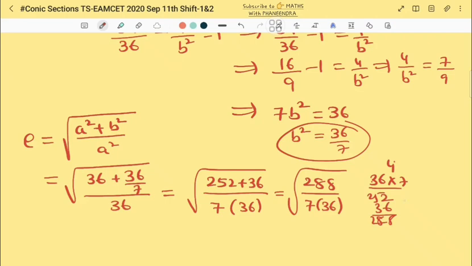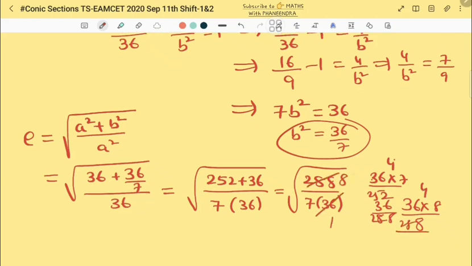Is there any possibility to divide with 36? Just we'll see it. 36 into 8, we'll see that. 8 4s are 32, 8 3s are 24 plus 4, 28... So absolutely 36 ones, 36 eights.